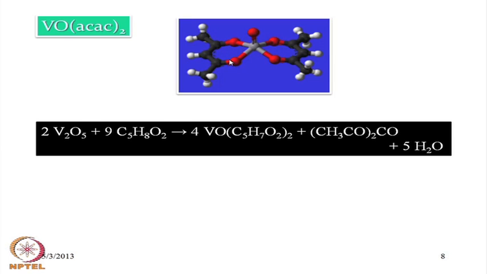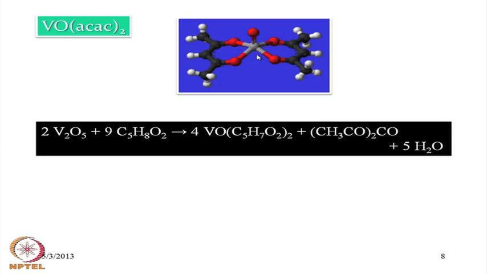So, it is basically a square pyramidal geometry, which is a little bit distorted towards this vanadium oxygen bond, because this vanadium oxygen bond is a double bond and the vanadium is a little bit above the corresponding O4 plane. This is the O4 plane, which will be a little bit lifted towards the vanadium oxygen bond due to the strong vanadium oxygen double bond.